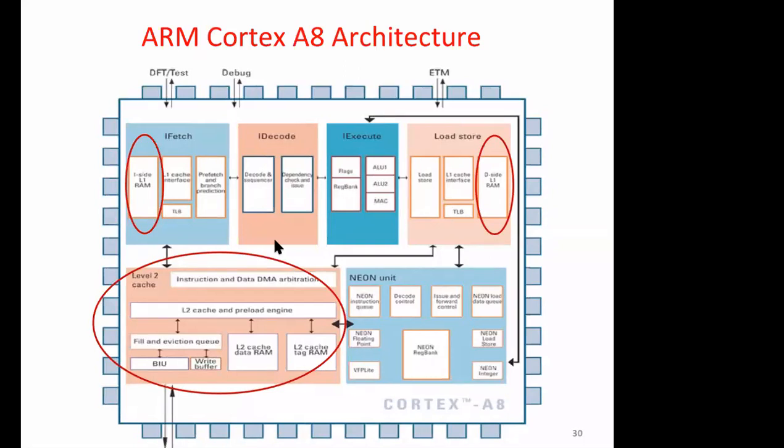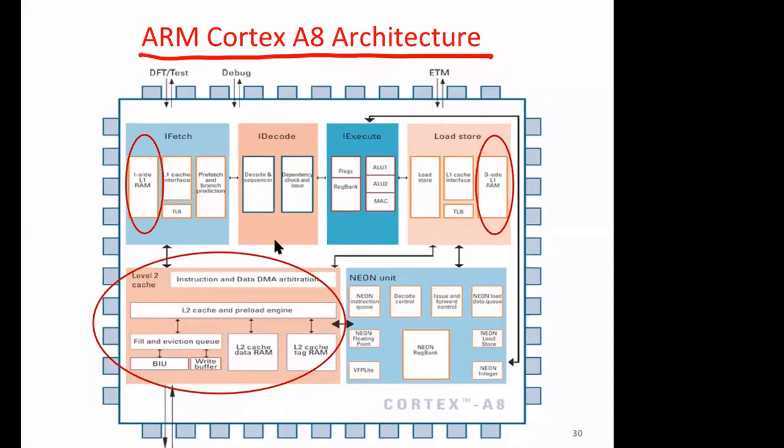So let's look at how this is organized in ARM architecture. Note that ARM is based on RISC architecture. It has the same genesis as that of RISC-V that we are studying. MIPS, ARM, and RISC-V have the same genesis, so you can see similarities.